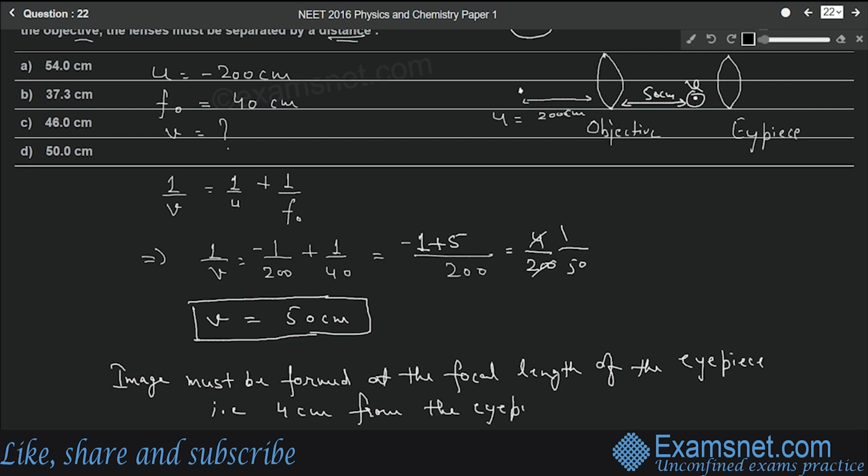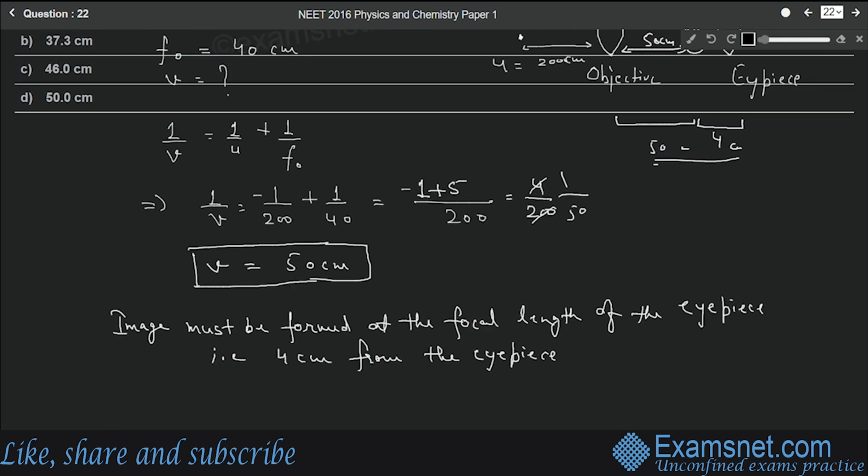Now here we have seen that the distance from the objective lens to the image is 50 centimeter, and the distance between this image and the eyepiece is 4 centimeter. So the total distance between the lenses will be equal to the image distance from the objective plus the focal length of the eyepiece.